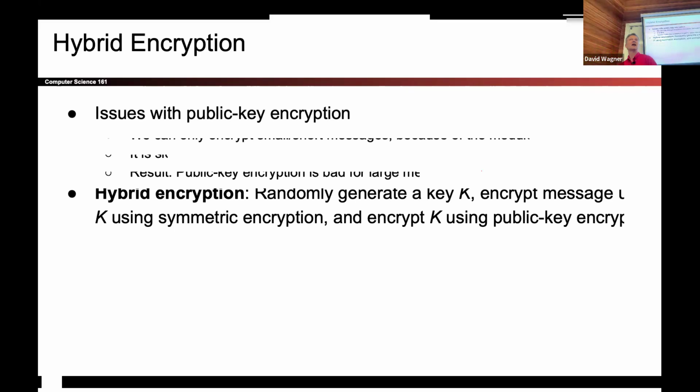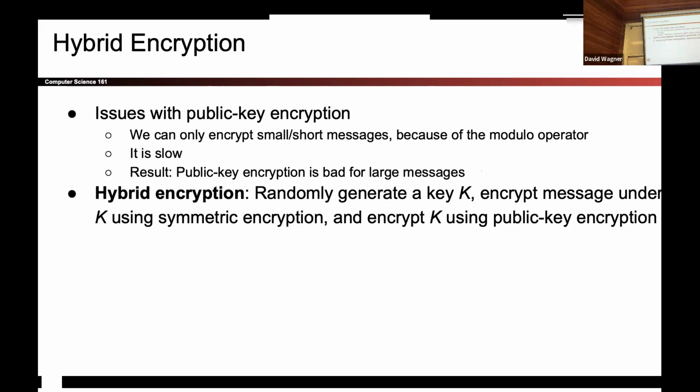We generate a symmetric key K, sometimes called a session key, and encrypt it under the public key. And we use that to encrypt the data with symmetric key encryption. So this way, it's very efficient. I do one RSA operation on a short message and then an AES on a giant amount of data, almost as fast as AES.